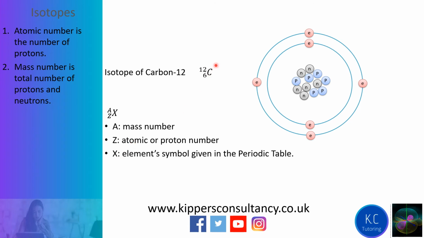And finally, the letter to the side, X, is the element symbol as given in the periodic table. To summarize this slide, the atomic number is the number of protons, and the mass number is the total number of protons and neutrons. Remember, in this atom, it was 6 protons and 6 neutrons. 6 plus 6 is 12.